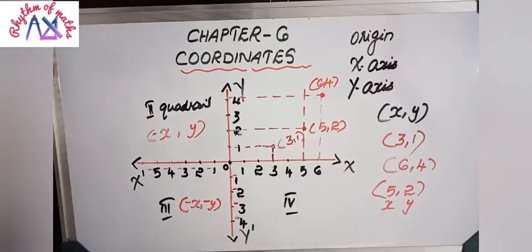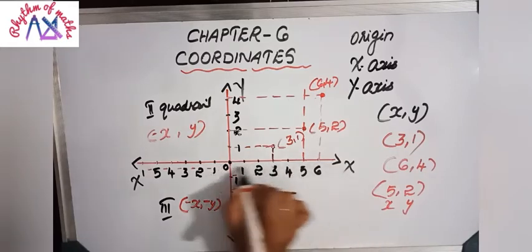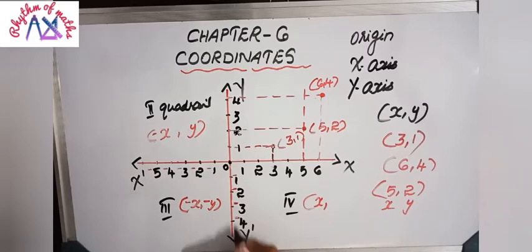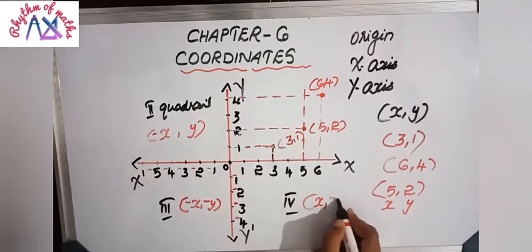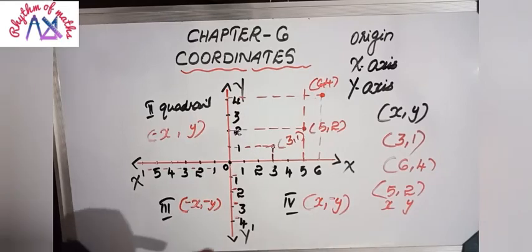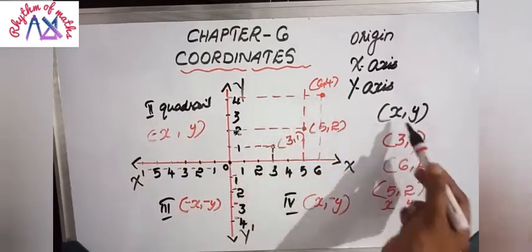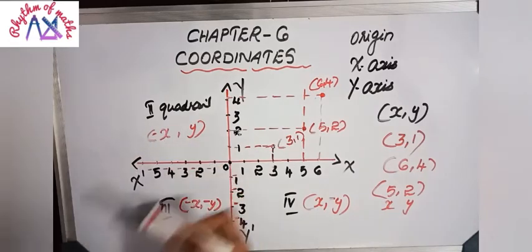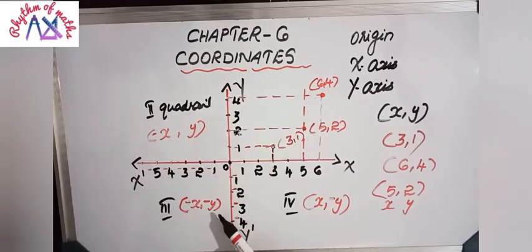Now the fourth quadrant, the x-axis is what? Positive number, so plus x. The y-axis is negative, so plus x and minus y. So first quadrant (x, y), second quadrant (minus x, y), third quadrant (minus x, minus y), fourth quadrant (x, minus y).